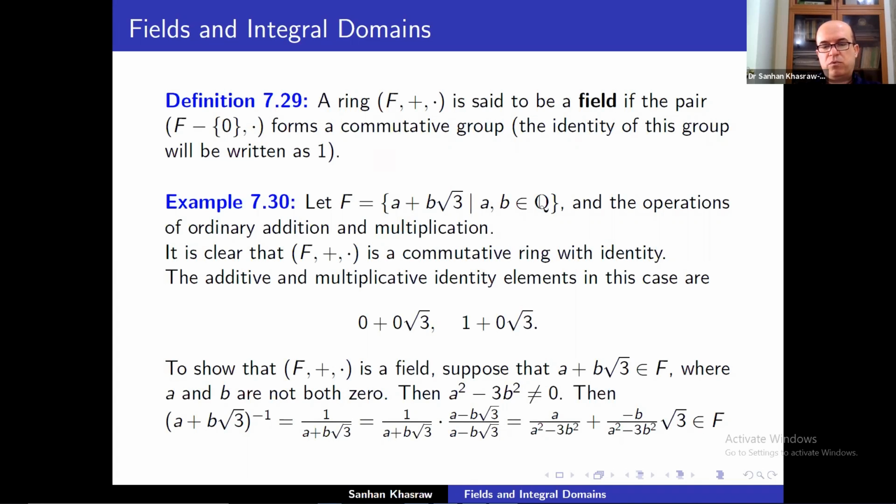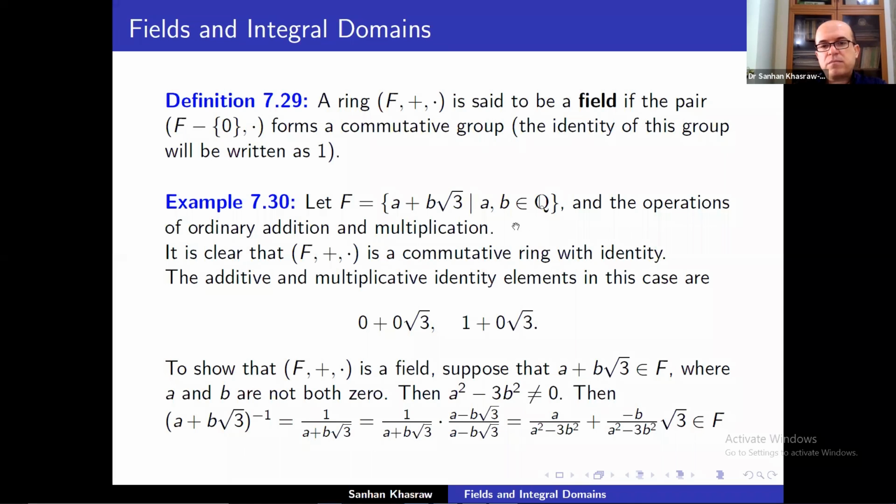Let's take this example, which is different from the others. Let F be the set of all A plus B times square root of 3, where A and B are rationals. The operations of addition and multiplication in this case are natural.